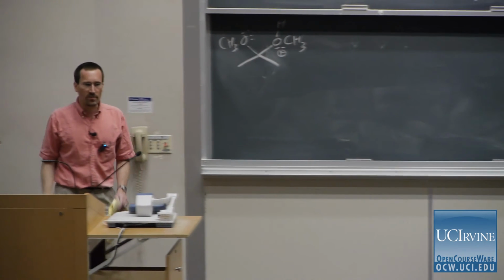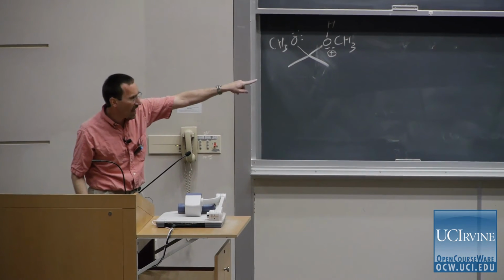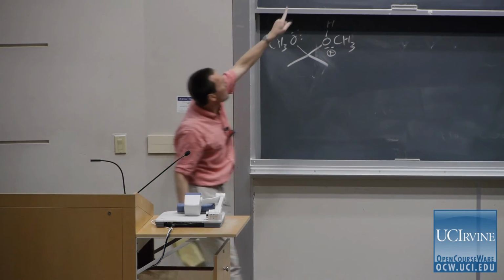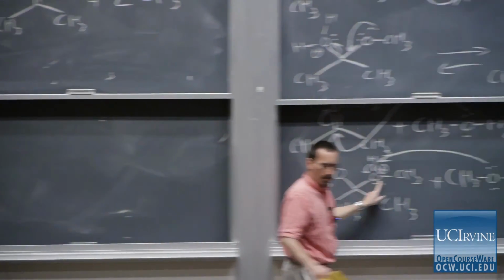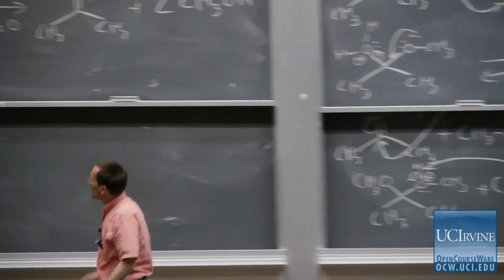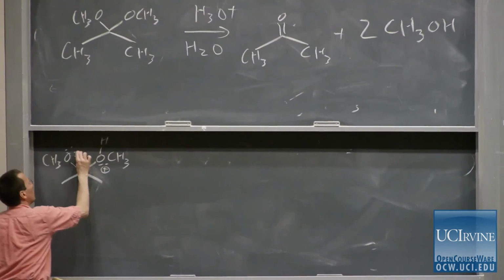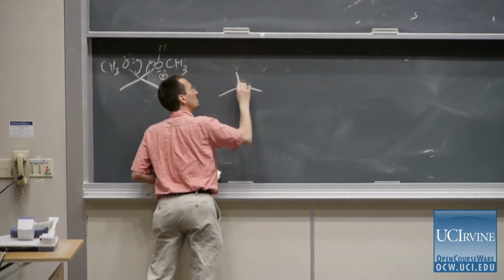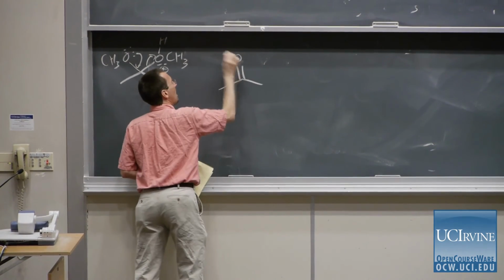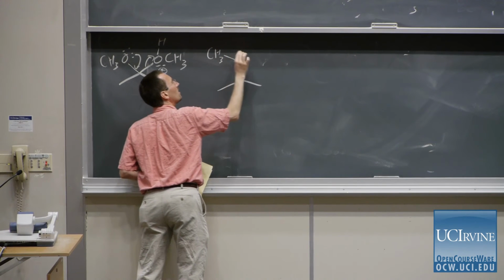The gist of the reverse mechanism, it's the exact reverse. First step is the same as the last step. First step, protonate on oxygen. Next step, kick out methanol. Next intermediate is our oxocarbenium ion.